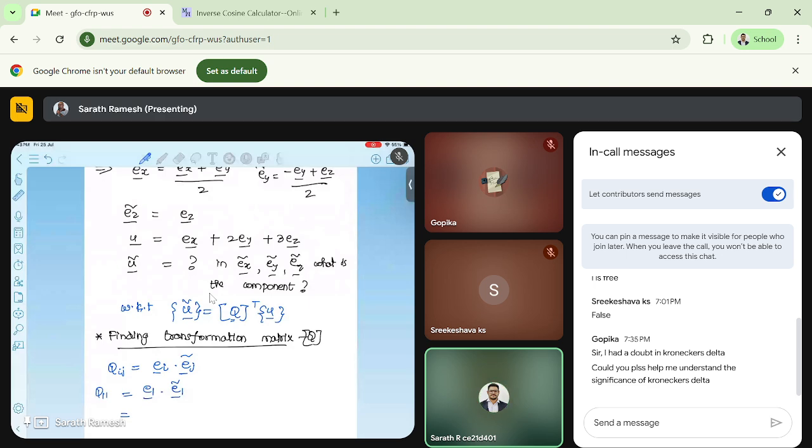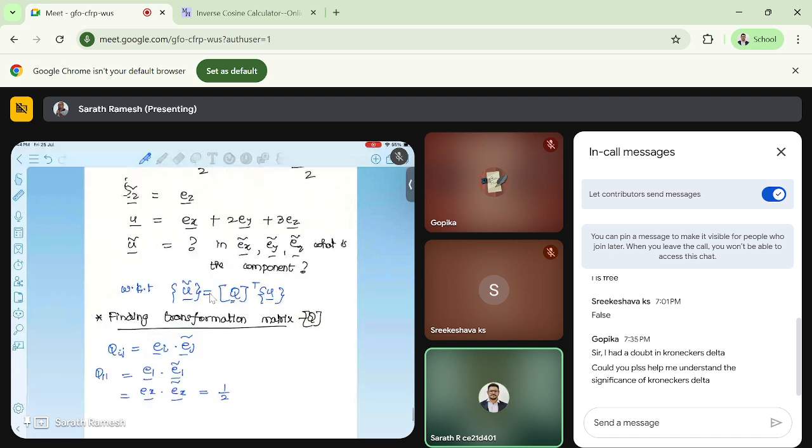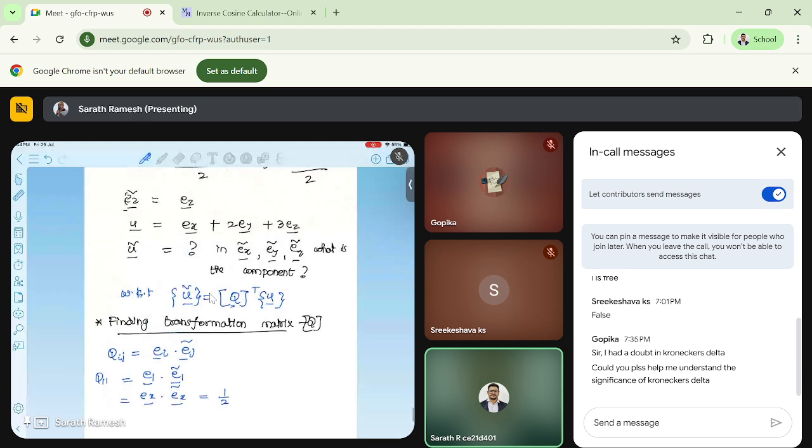Ex is Ex as it is, dotted with Ex plus Ey by 2. So this is equal to Ex dotted with Ex, which is 1 by 2, plus Ex dotted with Ey, which is 0. That is how it became 1 by 2, right? How about Q12, first row, second column?